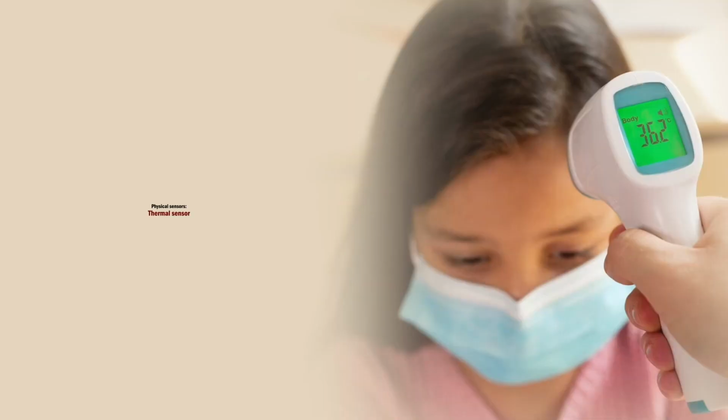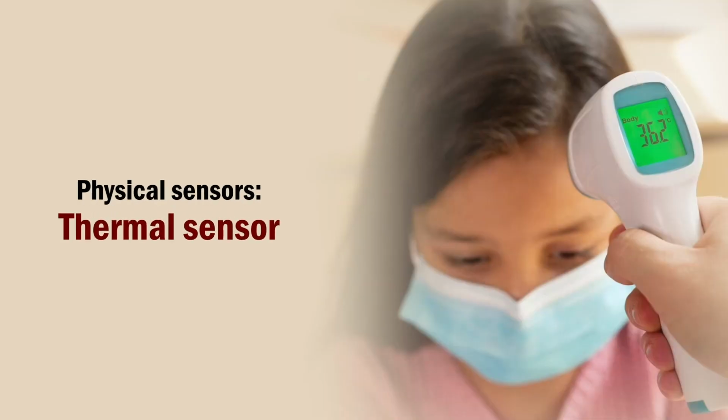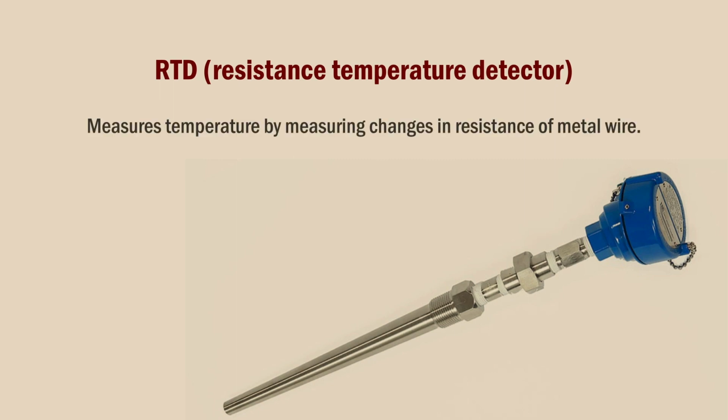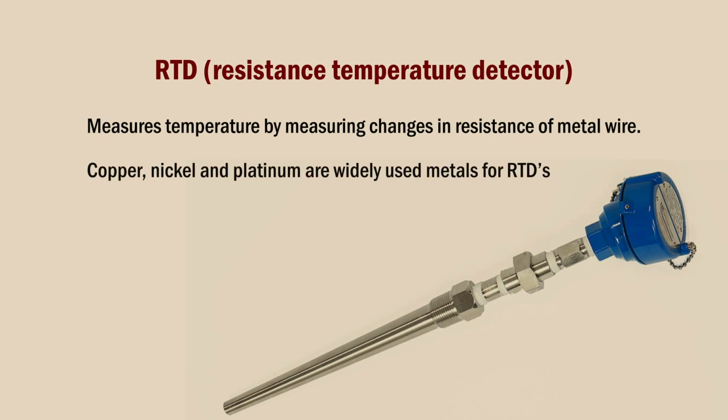Now, coming to the thermal sensors. Firstly, we will discuss RTD, that is, resistance temperature detector. It measures temperature by measuring changes in resistance of a metal wire. The widely used metals for RTD are copper, nickel and platinum.